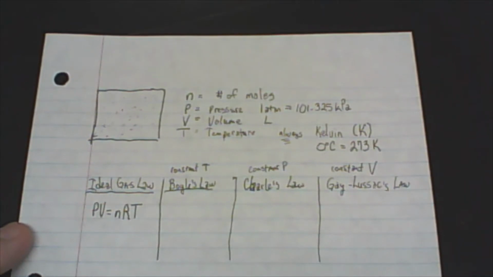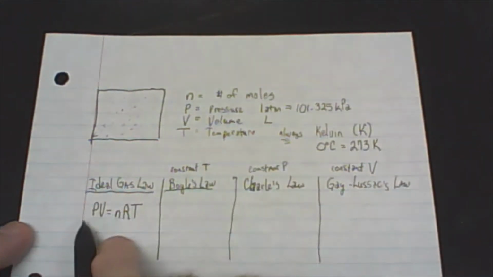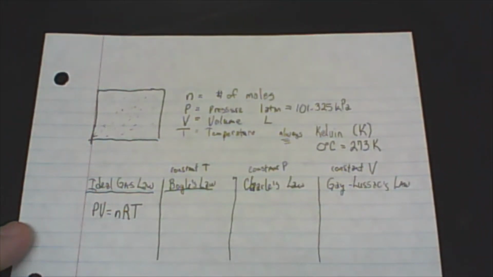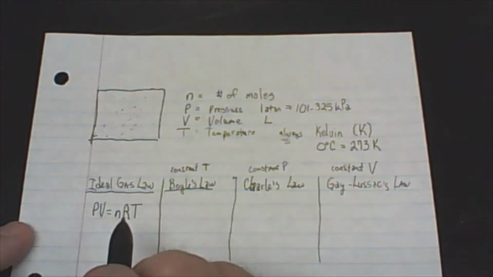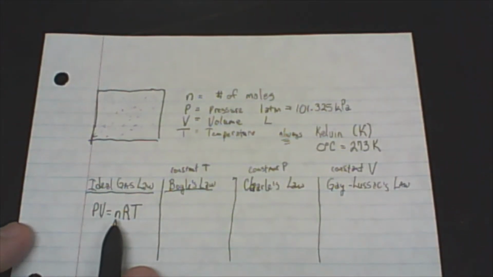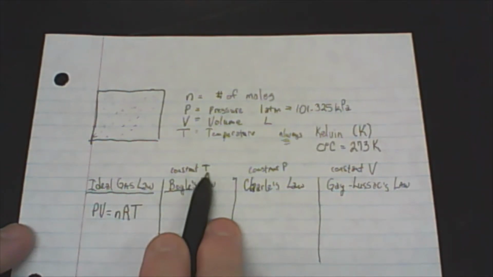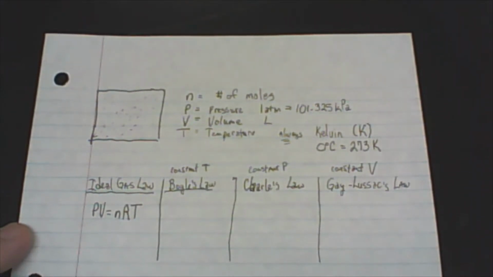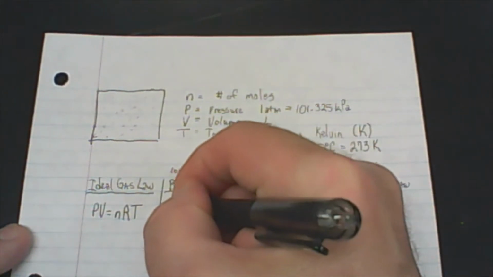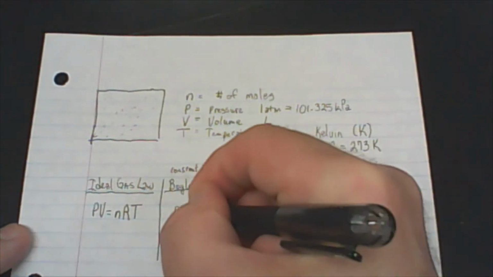So, basically, the basic form, like PV equals nRT, for these 3 laws takes the number of moles and whatever the constant is, and R, and it rolls them all together into a single value.